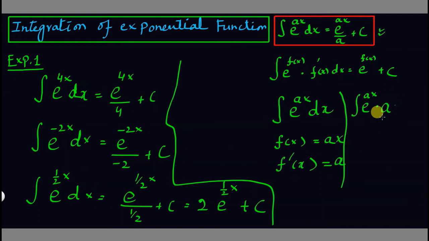If the derivative is not present here, because you are differentiating this function and the derivative of that function is not present here, that's why you will multiply and divide it by a. And now you can see the derivative of the upper function e raised to power ax, the derivative of ax is a. If you want to produce a over here, you have to divide by a out of the integral.